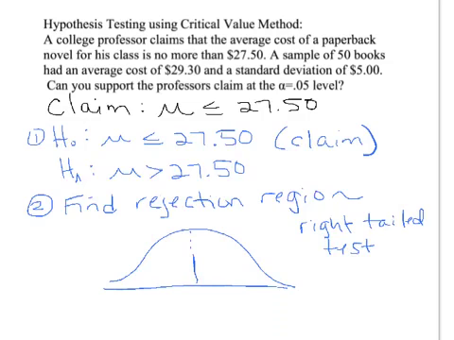Now using alpha equals 0.05, I'm going to call the critical value z sub c, and it has to have 0.05 area in here. So if I found that corresponding critical value, that would be 1.645. You get that using the tables, or you can use the calculator, do inverse norm. But you have to find the critical value that corresponds to having 0.05 in the right tail, which means 0.95 in the left tail. Okay, so there's our second step.